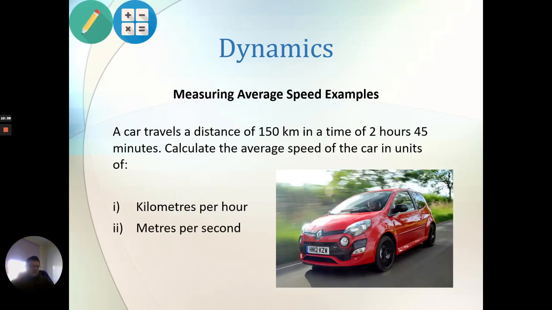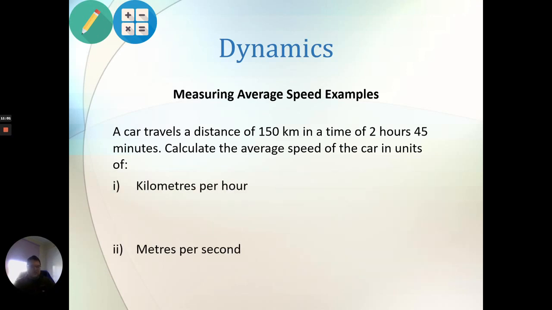Another thing which you need to know is you need to know how to convert kilometres per hour into metres per second. If a car travels 150 kilometres in 2 hours and 45 minutes, find the average speed of the car, first of all in kilometres per hour and then in metres per second. Well, kilometres per hour is fairly straightforward because we've got our d equals vt.